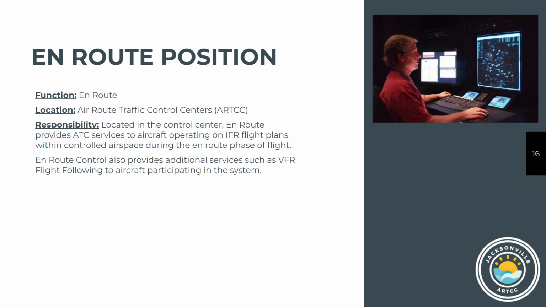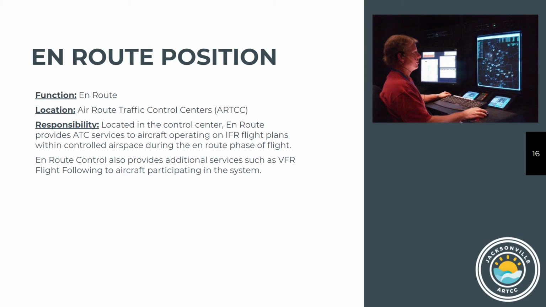So the en route position, as we said, is controlling the aircraft between airports, and they're located in a different place geographically, usually in an en route control center. They are what gives us the name ARTCC, or Air Route Traffic Control Center. That's where the name comes from. And they operate all the IFR flights within whatever airspace they're assigned.